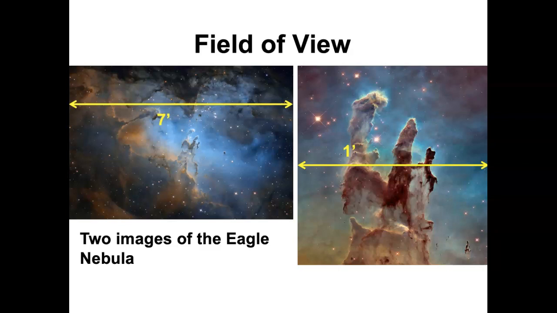Your field of view is a measure of how wide your image is: what angle on the sky is subtended by the image that you're taking in your telescope. So on that picture on the left, the angle from the left side of the picture to your eye, or the telescope, to the right side of the image is 7 arc minutes wide.